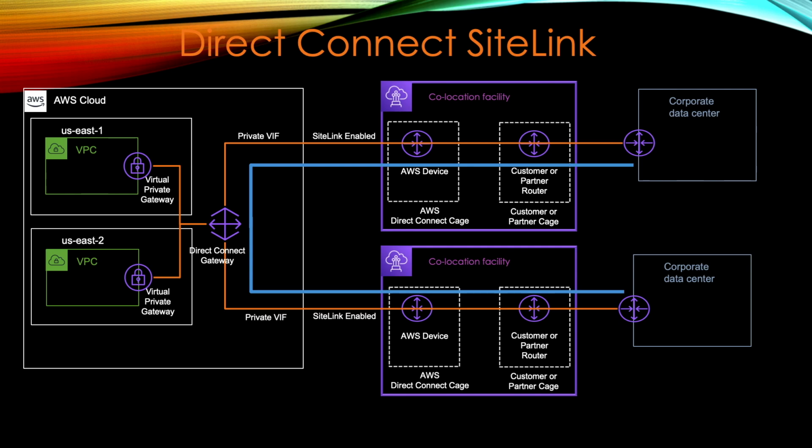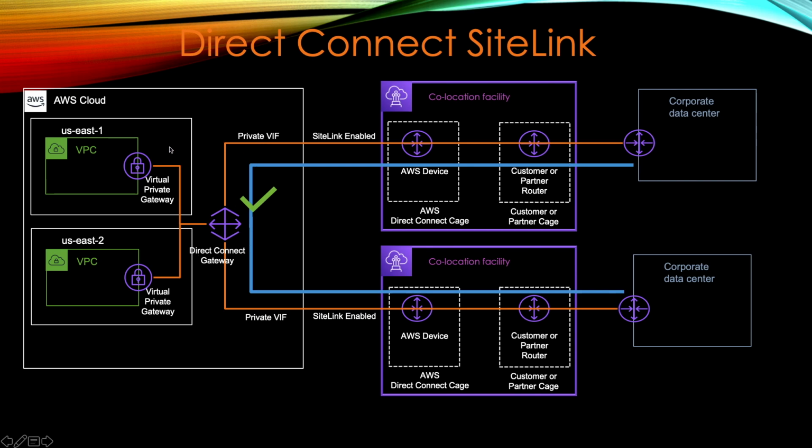Once SiteLink is enabled on these two private VIFs, it will allow you to send traffic between these two corporate data centers. Another thing to keep in mind is that SiteLink cannot be enabled on your public VIF. It cannot be enabled on a private VIF which does not have a Direct Connect gateway attachment.